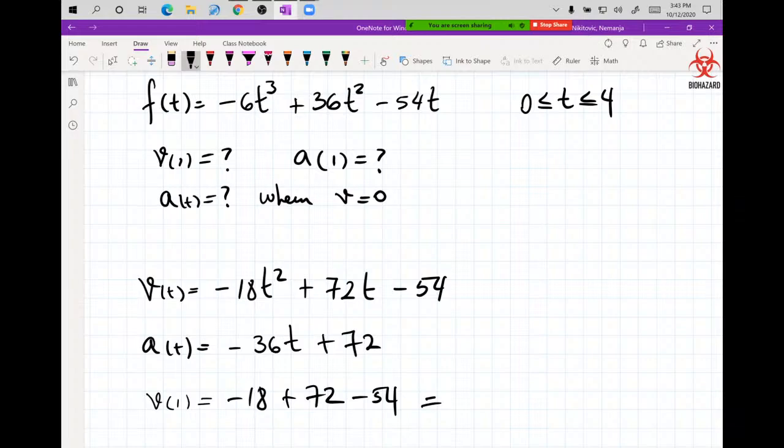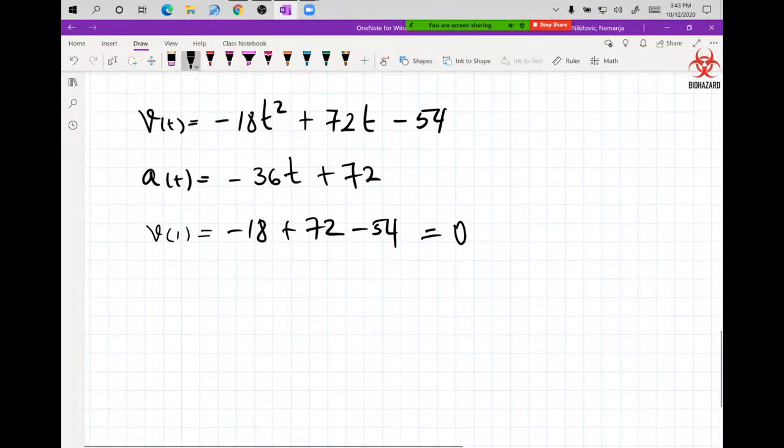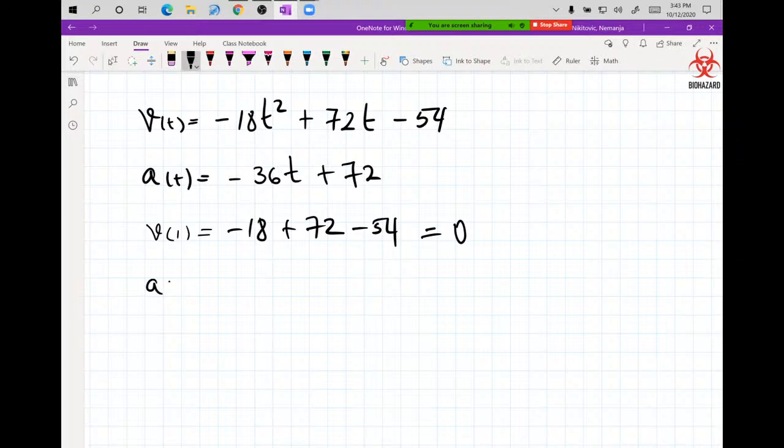And we end up that the velocity is 0, if I calculated this correctly. So that's going to be negative 72. Yeah. So velocity is 0. And then we calculate acceleration at 1. And that is going to be negative 36 plus 72, which is 36.